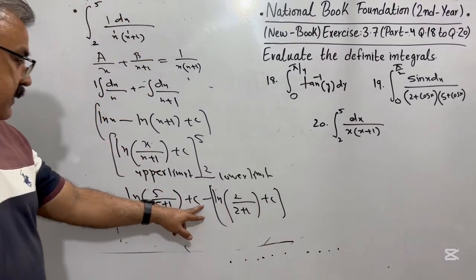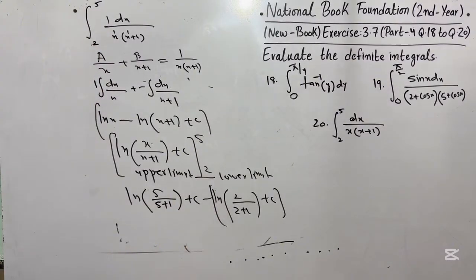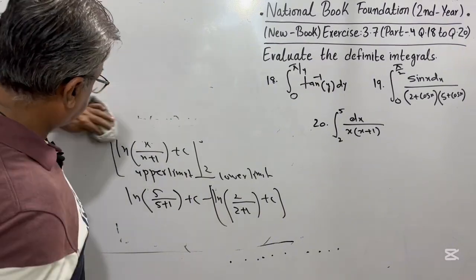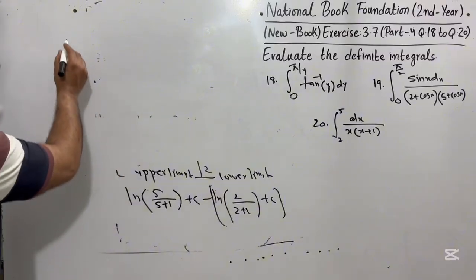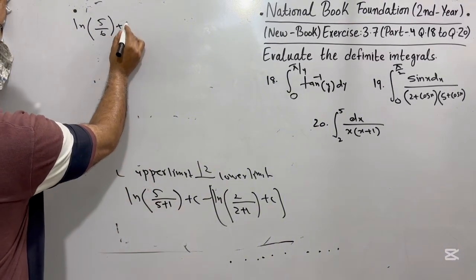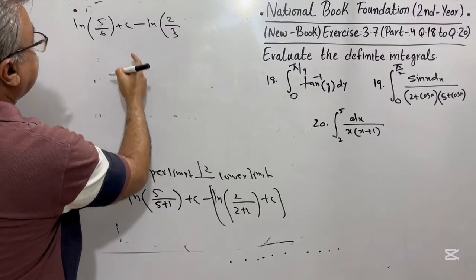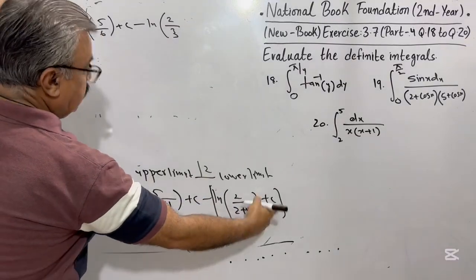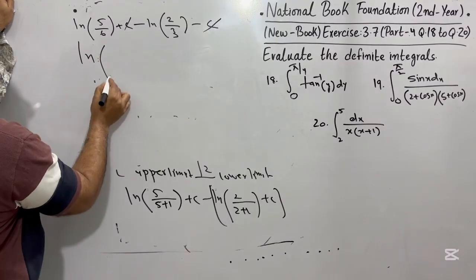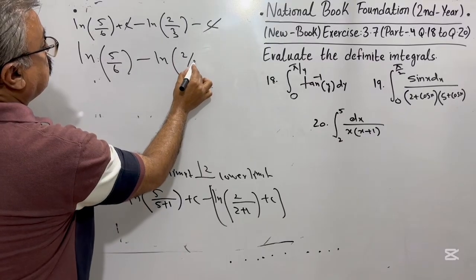Simplifying, multiply this minus and write them after utilizing the property of log. It will become ln 5 over 6 plus c minus ln 2 over 3, and the c cancels out. We are left with ln 5 over 6 minus ln 2 over 3.